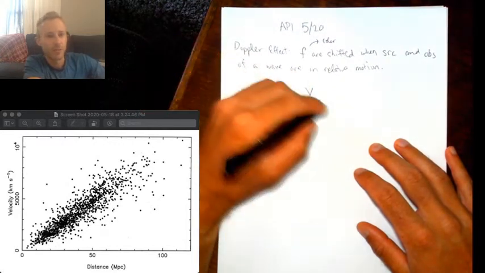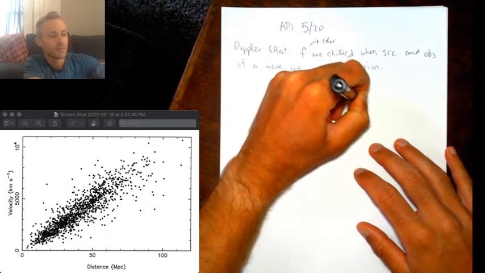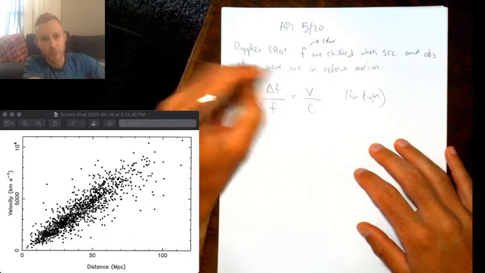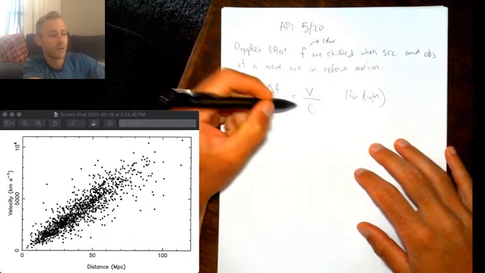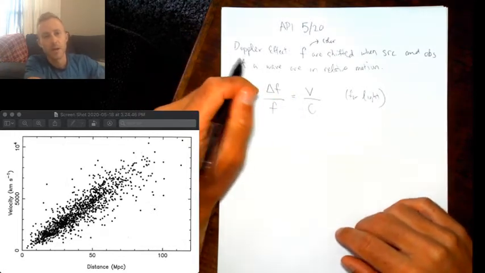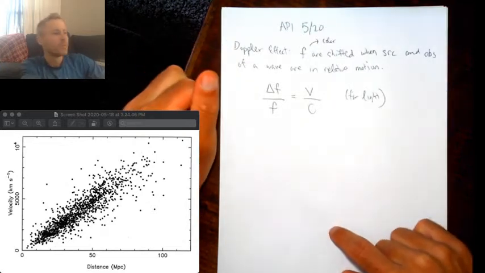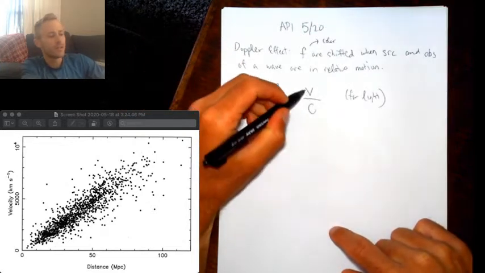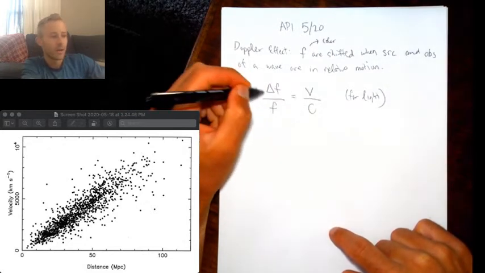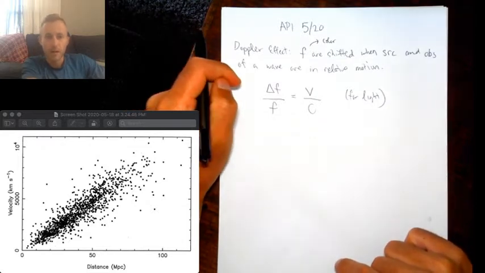And this is the Doppler effect for light. Actually, a similar equation holds for sound. You would just replace the speed of light with the speed of sound. So basically what it says is the larger the speed of the object, the greater the shift in frequency.